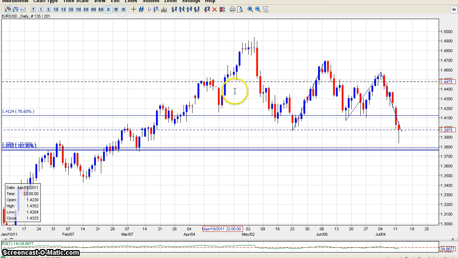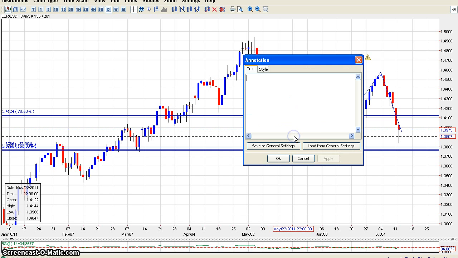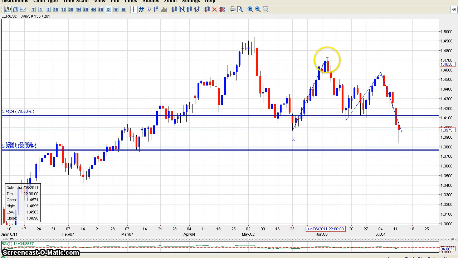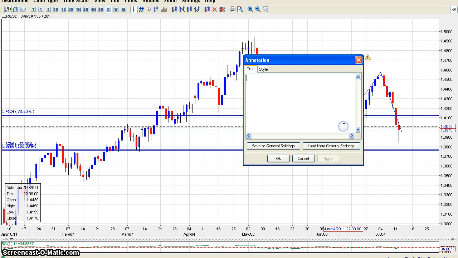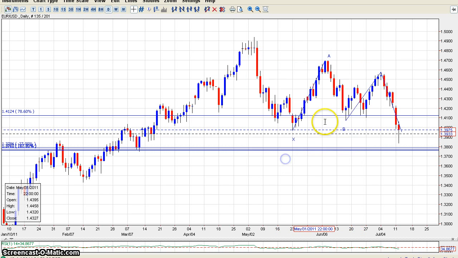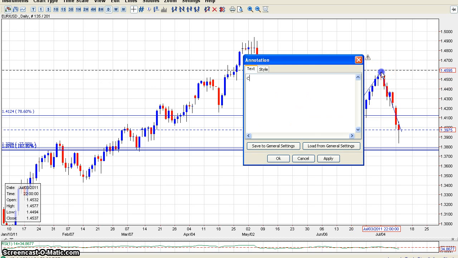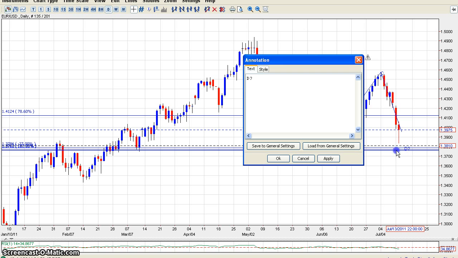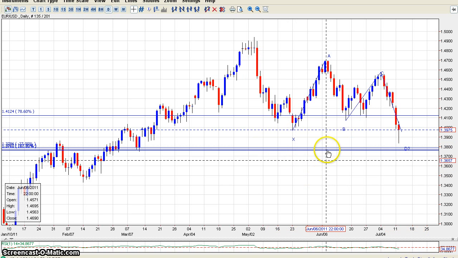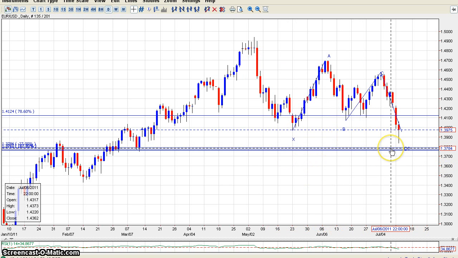Let me just make it easier. You go A, you go B, you've got C, and you've got D here. So that's the 5-point structure. This support zone again is a confluence of different fib levels of the price legs that form the pattern.